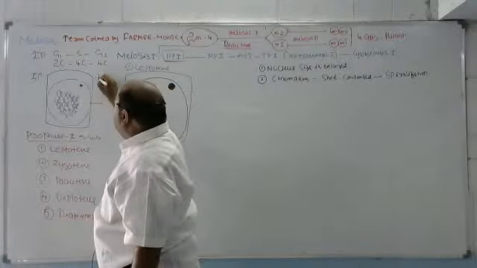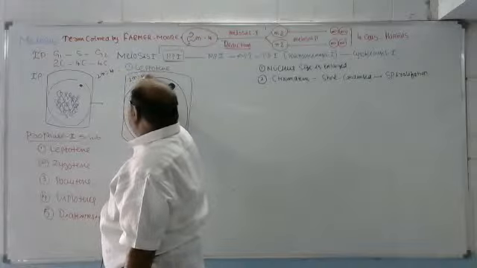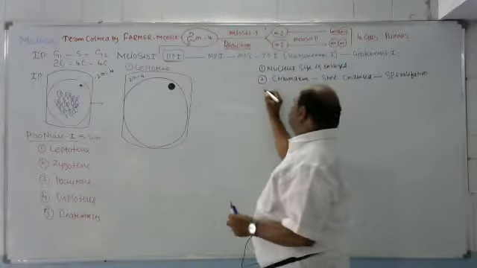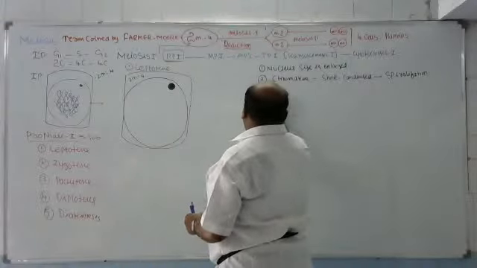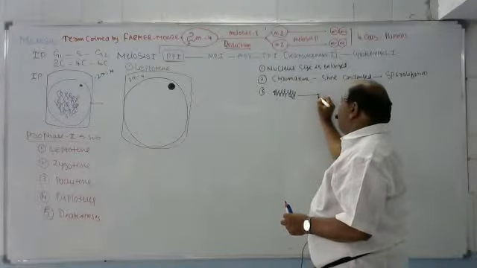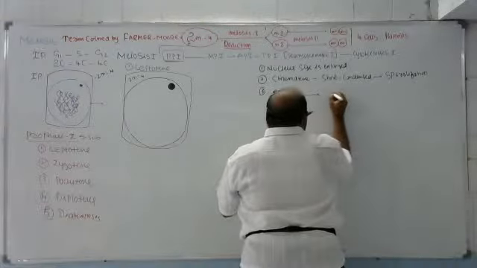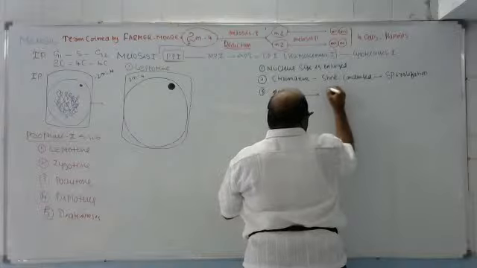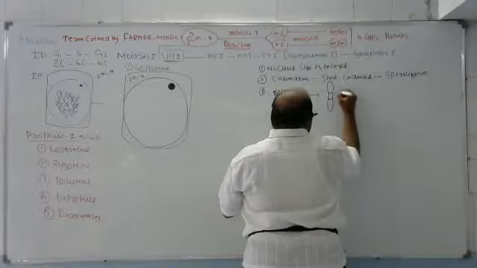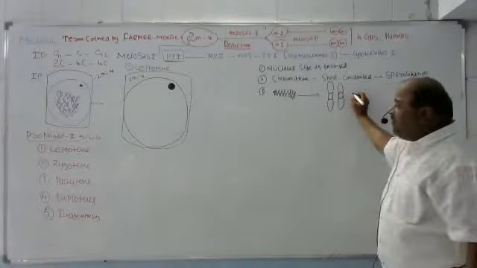For example, 2n is equal to 4, here four chromosomes. Now some amount of that chromatin, look at here, this is the chromatin. It is converted, according to that given picture, into a pair of homologous chromosomes.